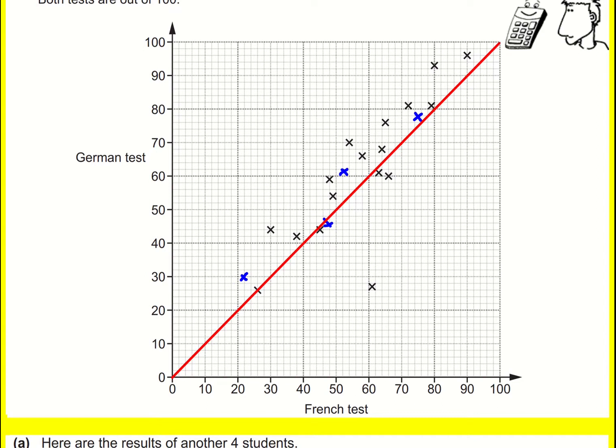So I'm going to circle them. I think got 1, 2, 3. This is not above. 4, 5, 6, 7, 8, 9, 10, 11, 12, 13, 14, 15. And that leaves me with 6 that are below the line.